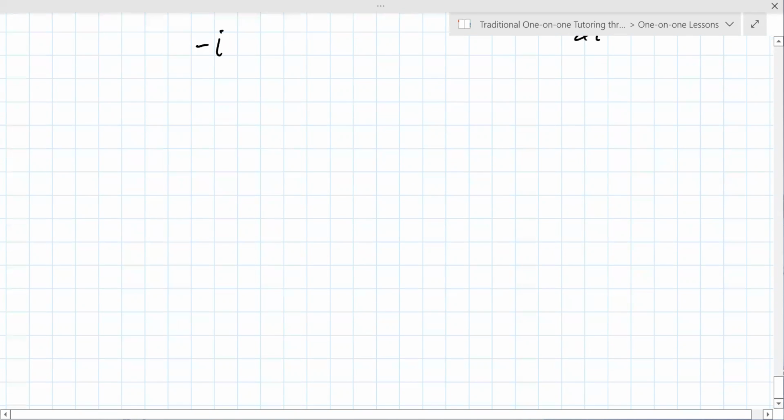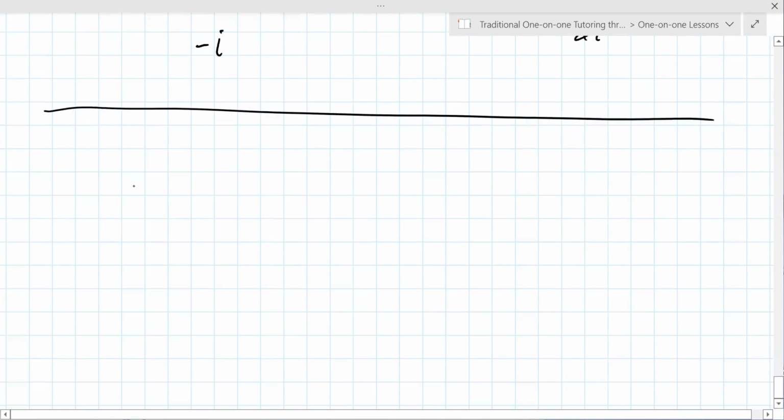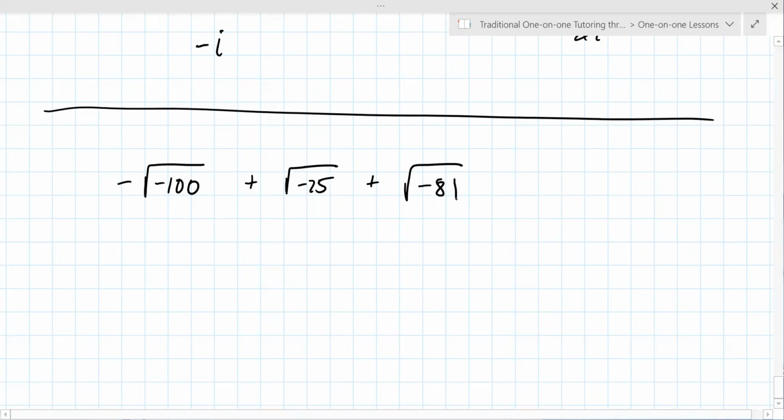Okay, let's try another one here. Let's go negative square root of -100 plus square root of negative 25 plus square root of negative 81. Go ahead and try that on your own, please. Is that a 75 or a 25?